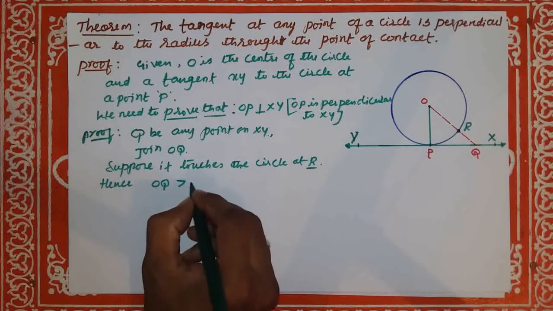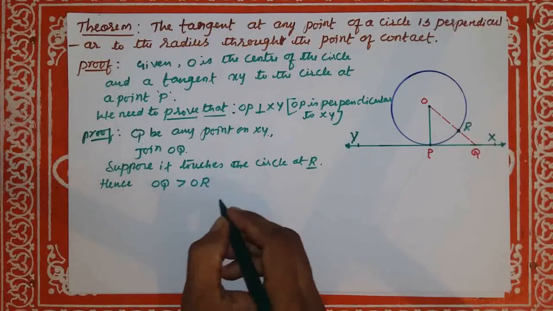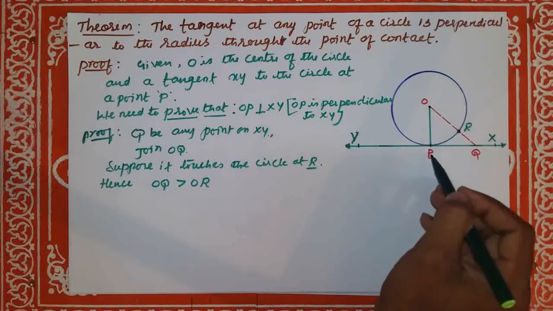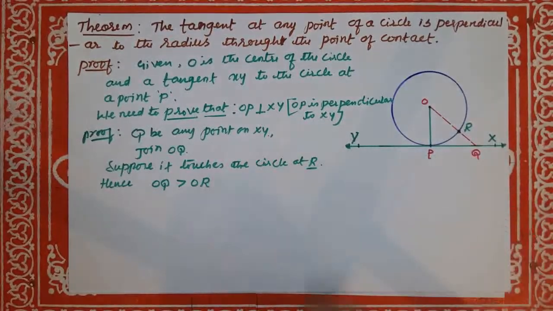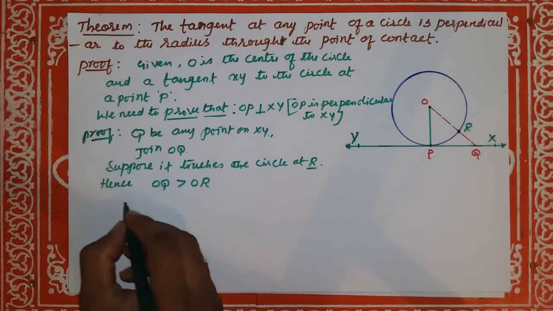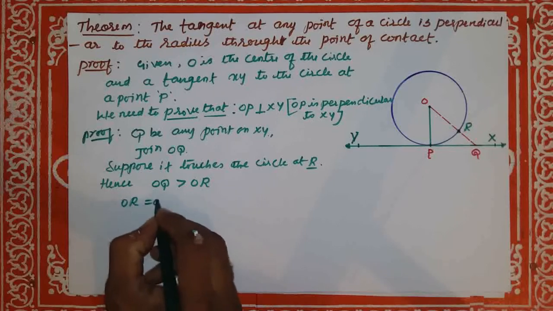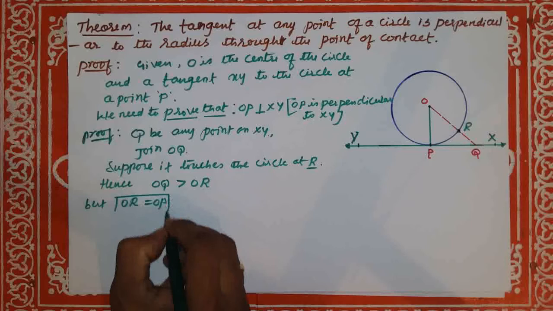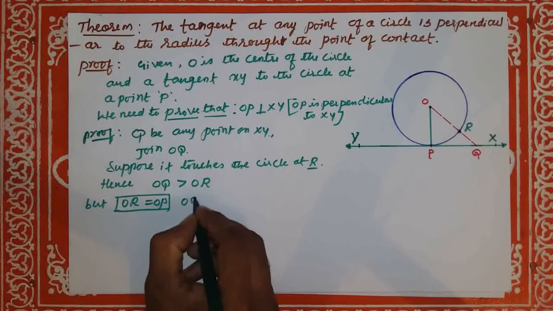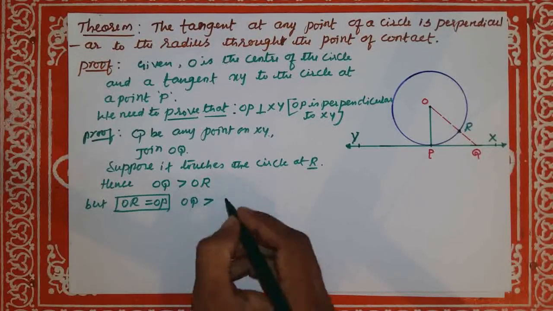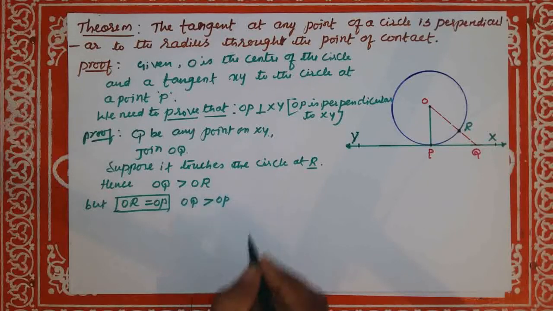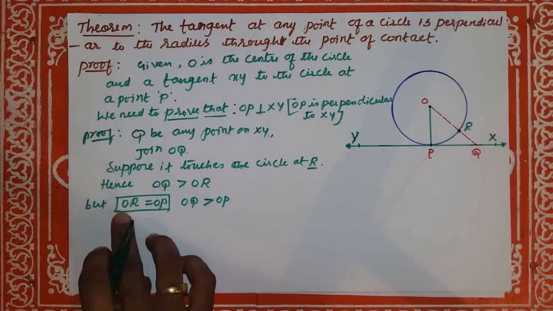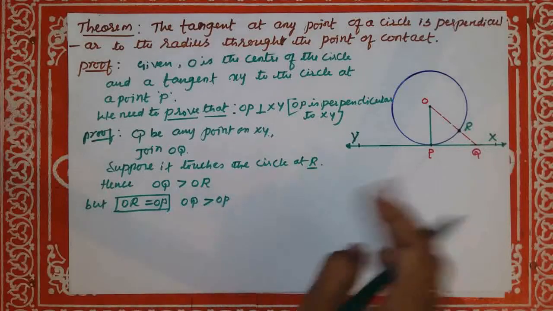OQ is greater than OR, then OQ is also greater than OP, because OR is equal to OP, right? Here even OQ is also greater than OP. OP is equal to OR, that is radius.